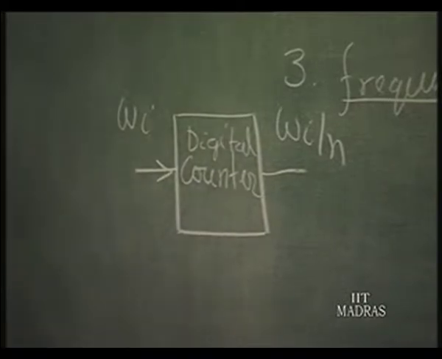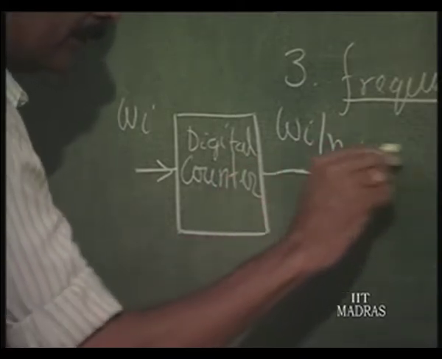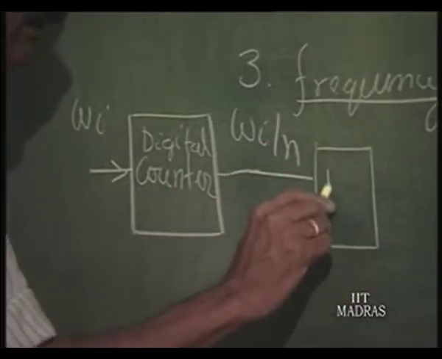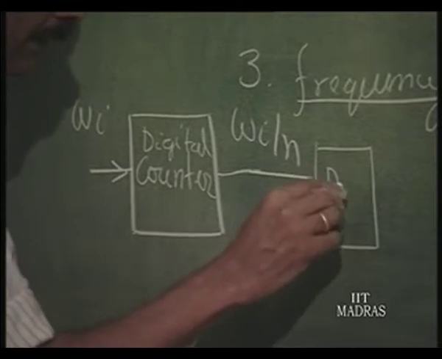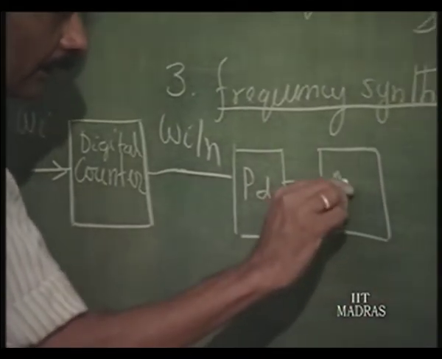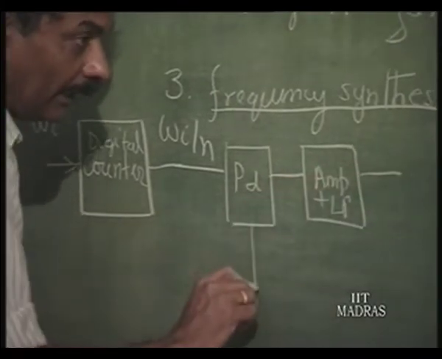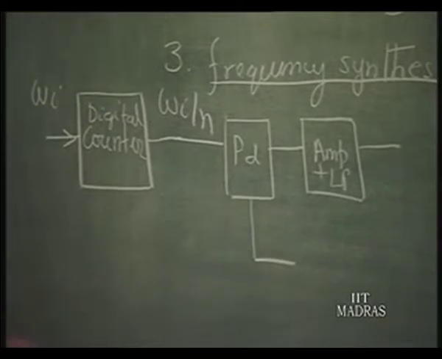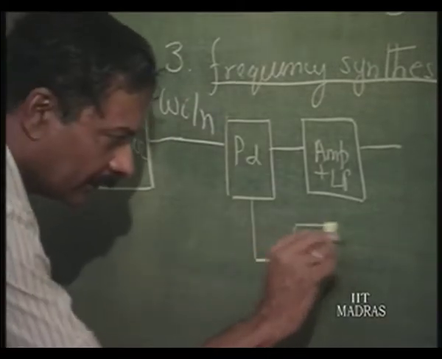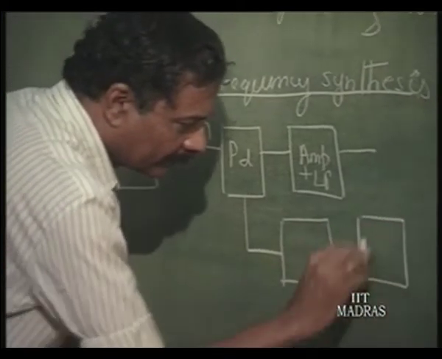Now, this particular thing, let us say, is fed to a PLL PD and then amplifier plus low pass filter, and then this VCO is going to be replaced by another counter, with the usual VCO.